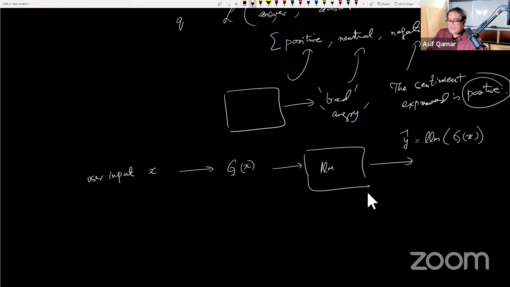Now, you cannot tamper with the LLM function itself, except that the LLM function is stochastic. It keeps changing, but that's all right. What can you change here? What is in your control? G. This is in your control because this is engineered by the system prompt. Isn't it, guys? This is what you can control.